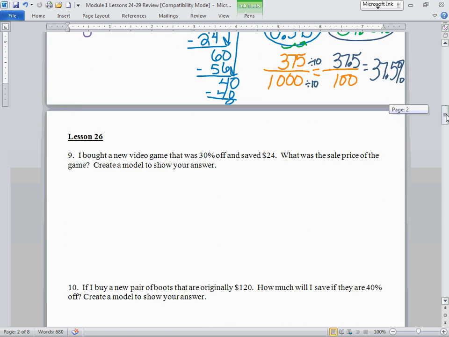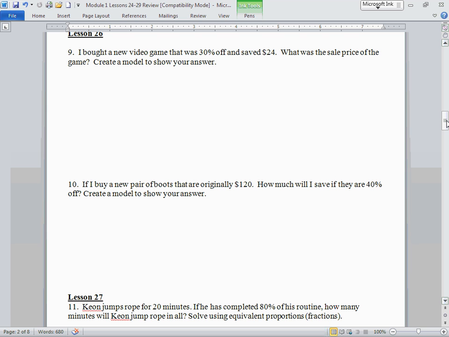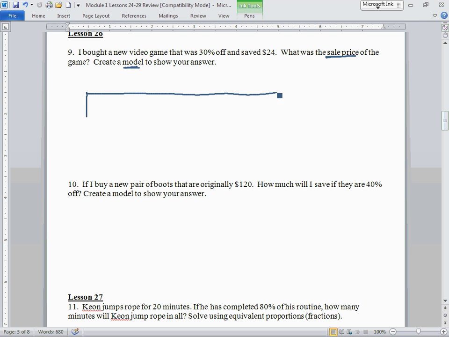Lesson 26. I bought a new video game that was 30% off and saved $24. What was the sale price of the game? Create a model to show your work. Well, I see the word model, so I know the first thing I'm going to do is draw my diagram. So here's my model. I know that it's 100%.